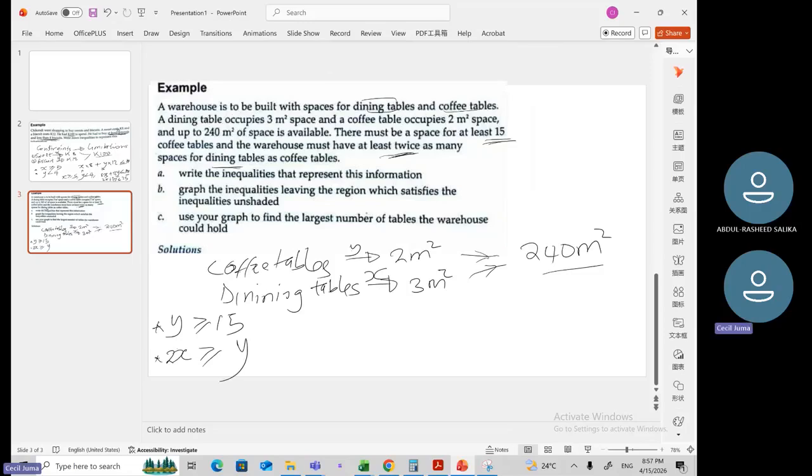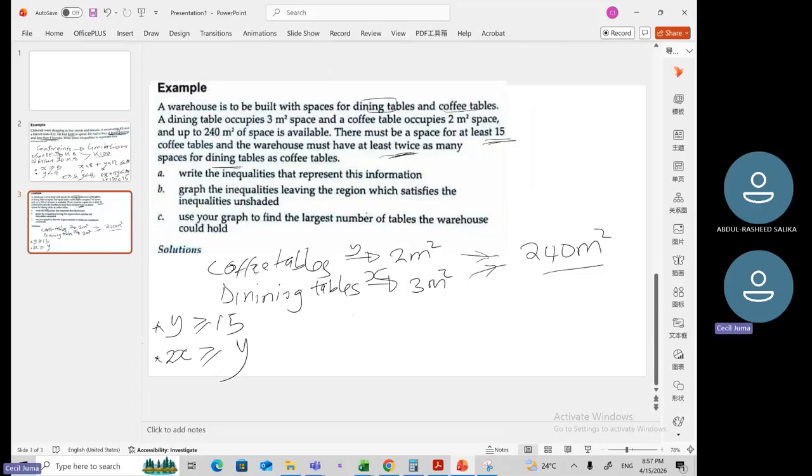The third inequality is now that of determining that whatever you are given should not exceed the limit.